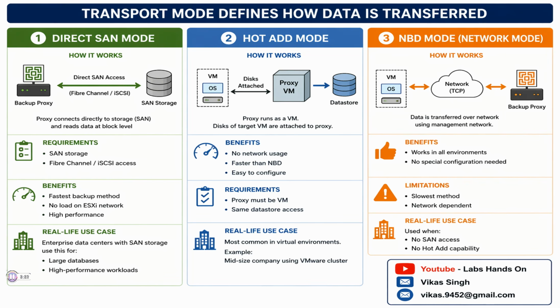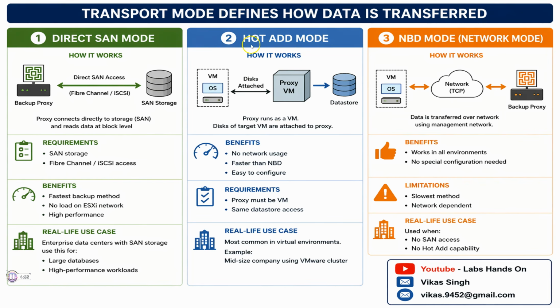Because it completely removes the load from the ESXi network and delivers very high performance backup. As a requirement, you must have a SAN storage with proper Fibre Channel or iSCSI connectivity configured. In real environments, larger enterprise data centers use direct SAN mode for critical workloads like large databases and high performance applications, where speed is very important.